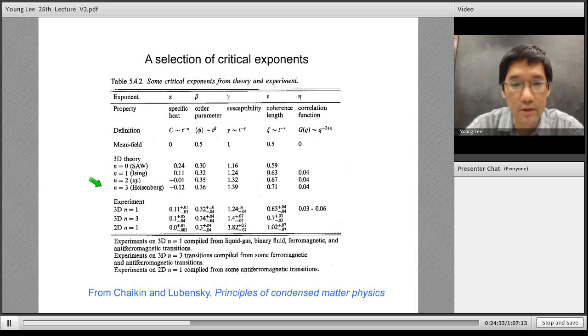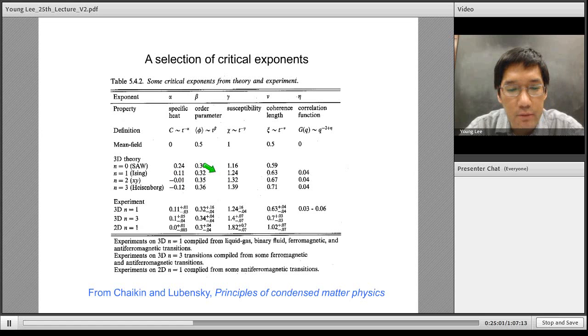And you can calculate the exponents alpha, beta, gamma, nu, and eta. So again, beta is something I think is more familiar to a lot of us. It's the exponent for the order parameter. And if you look at these different 3D theories, beta is not changing too much. It's always close to 1/3. And it's also pretty much true for gamma. These don't change very much.